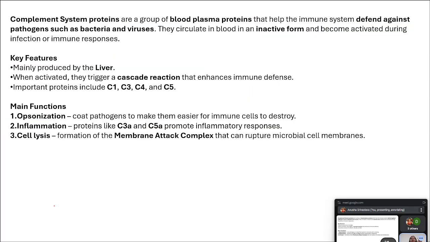So the last method that we'll be discussing is based on the complement system proteins. Before coming to that, let's very briefly see what complement system proteins are. They are a group of blood plasma proteins that help the immune system defend against pathogens such as bacteria and virus.